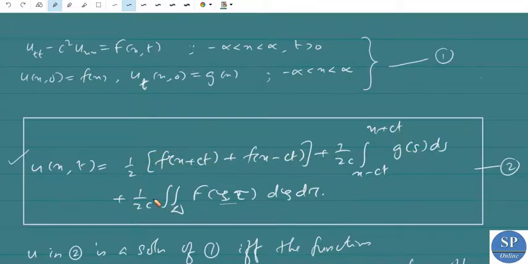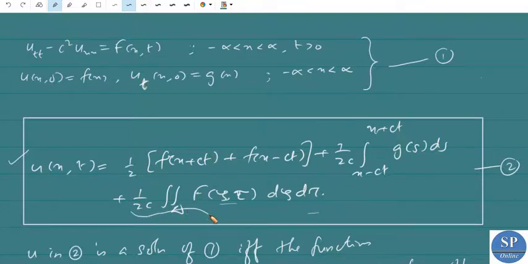So we need only prove that this function is a solution of this Cauchy problem, that is, with the homogeneous initial conditions.